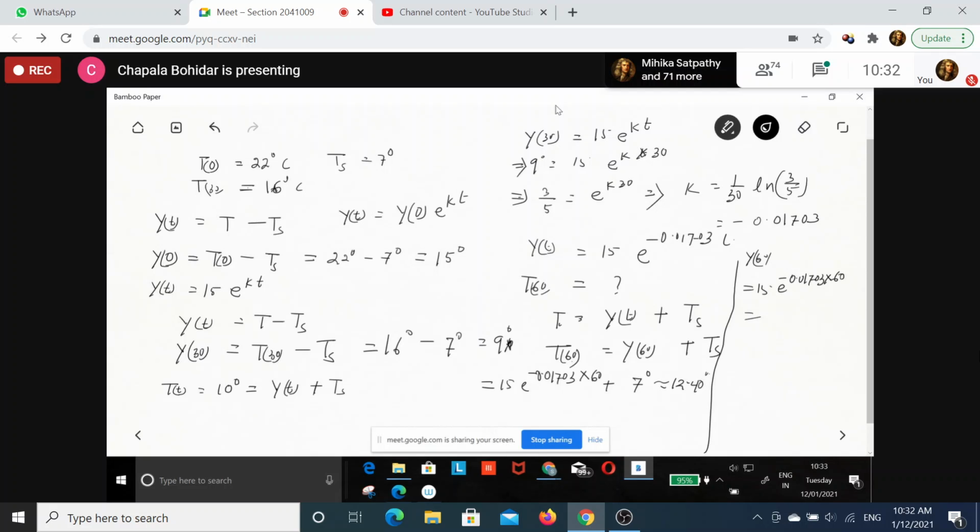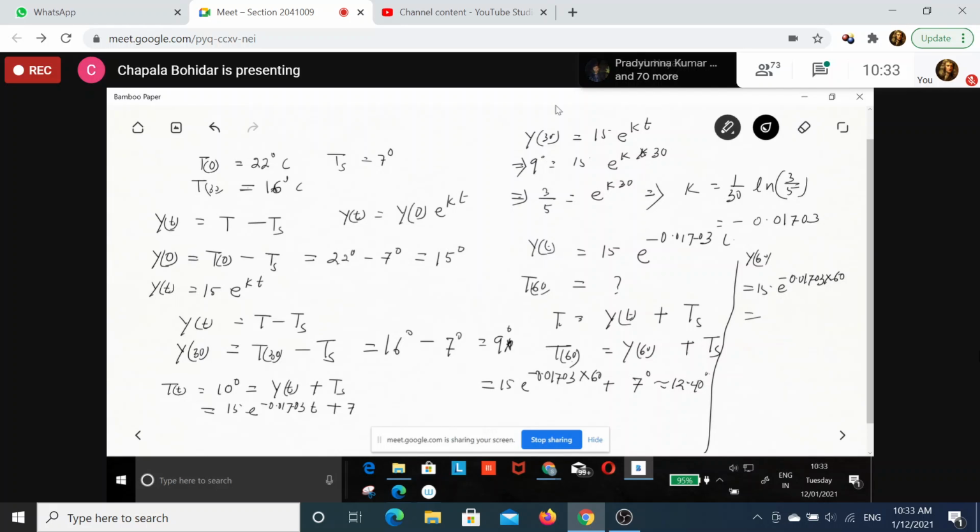Is it clear to all of you? Yes, ma'am. This is equal to 15 e to the power minus 0.01703 t plus 7.